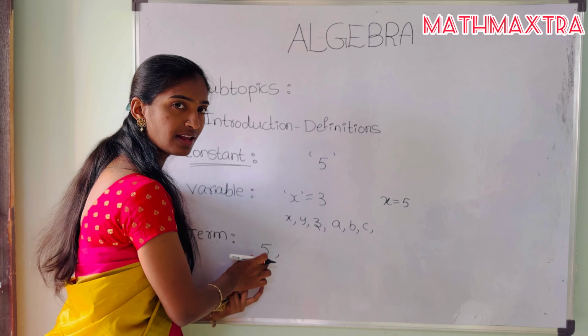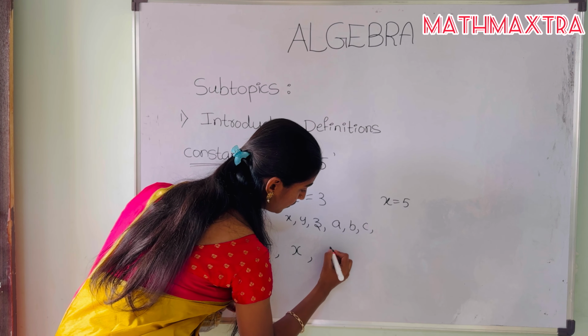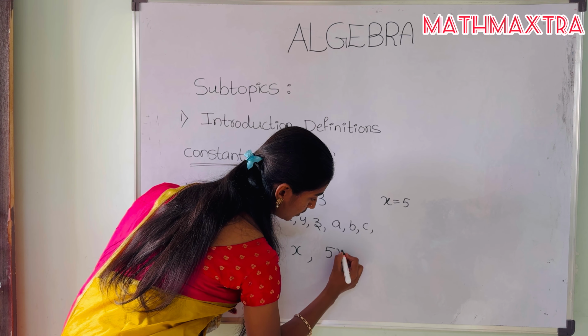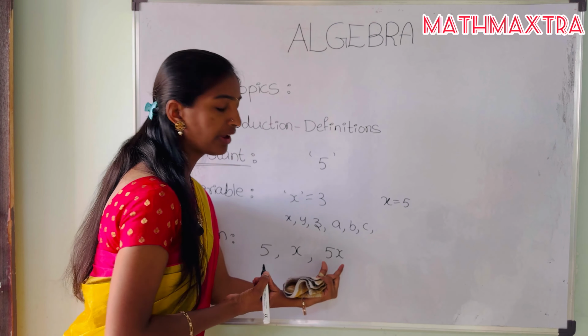Yes, I have taken x as a variable, so this is also a term. Or a product of constant and variable. If you take a product of these two, constant and variable, 5x, this itself we call a term. So it can be a constant or a variable or a product of constant and variable. If the structure is like this, then we call that a term.